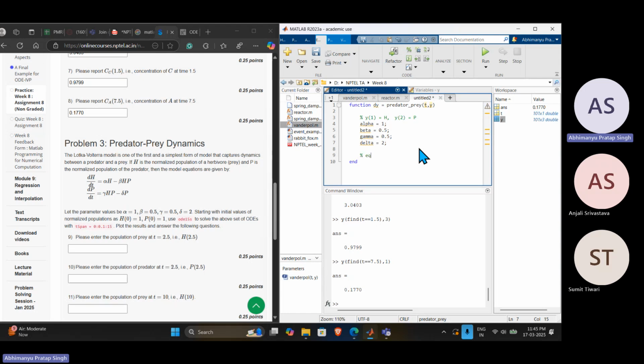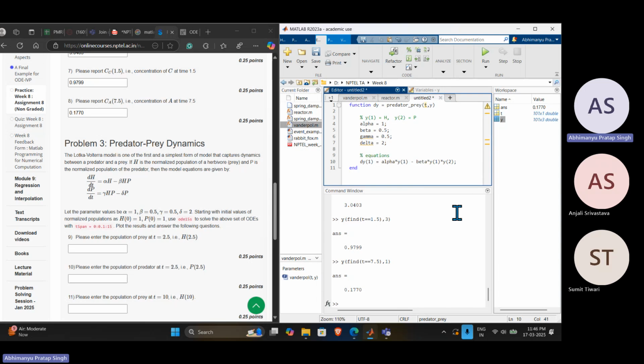Now my equations. So dy1 is equal to alpha multiplied by h, so h is my y1, minus beta times y1 times y2 by 2.